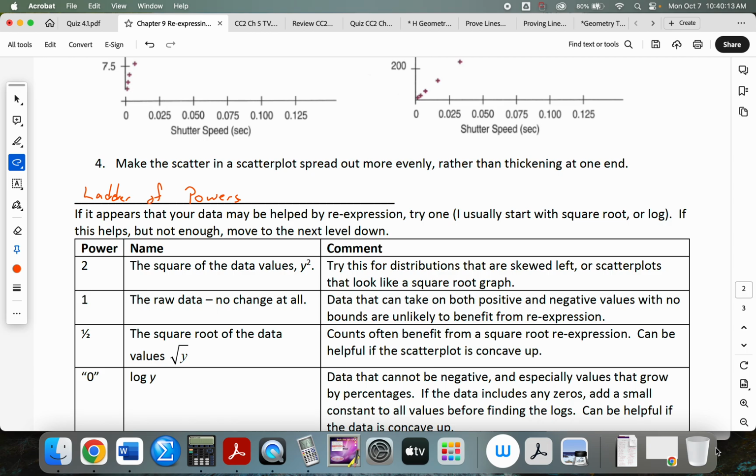Okay? So, if it appears that your data may be helped by re-expression, try one. And literally, try one. I usually start with square root or square or log. Those are kind of my go-tos. And if it helps, but not enough, then move to the next level down.